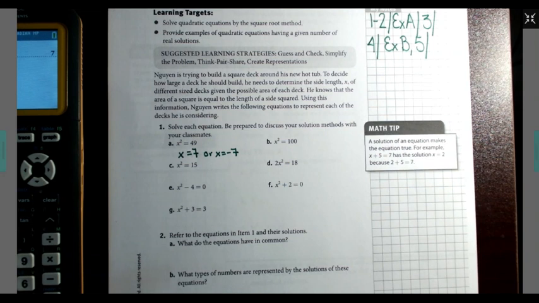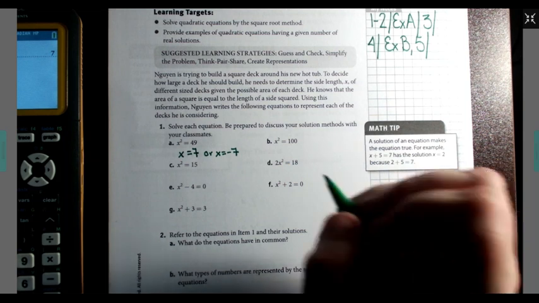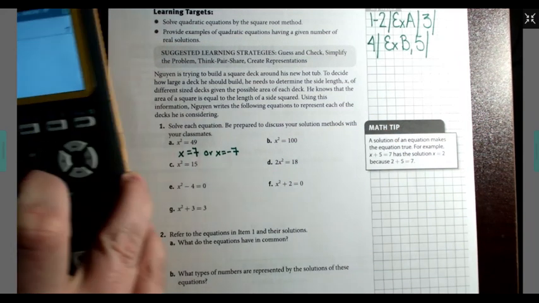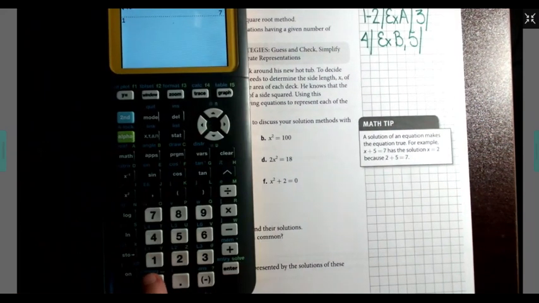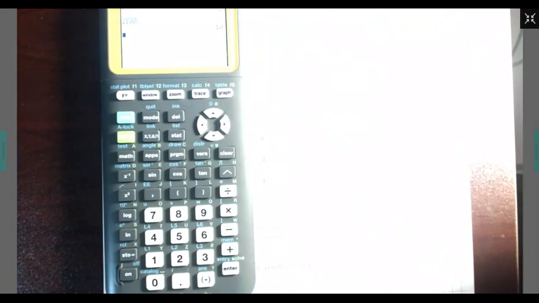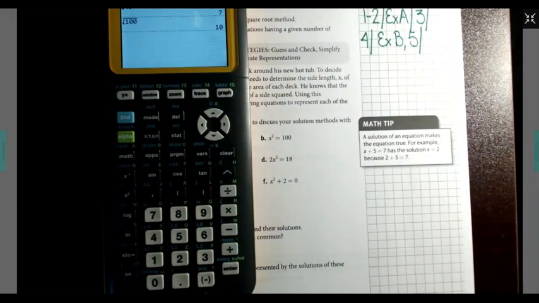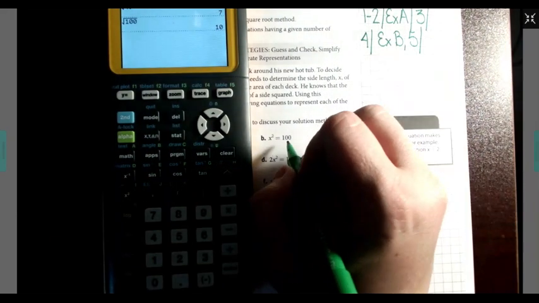All right, x squared equals 100. What number times itself will give me 100? Positive 10 and negative 10. And I could do square root of 100. What it does is it gives me the principal square root, the positive, but there is a negative counterpart to that.